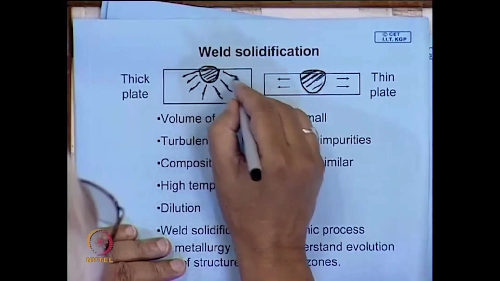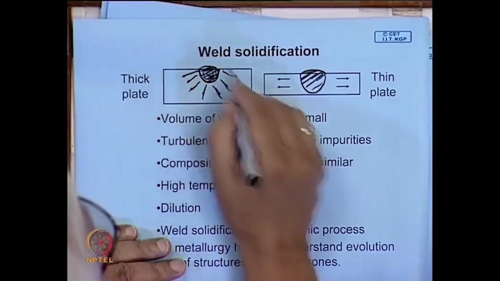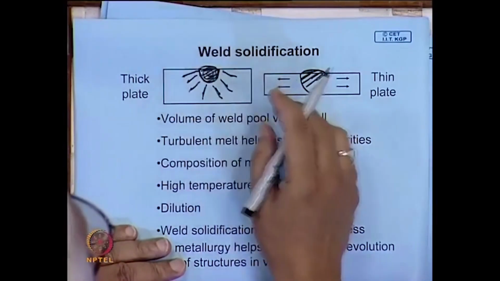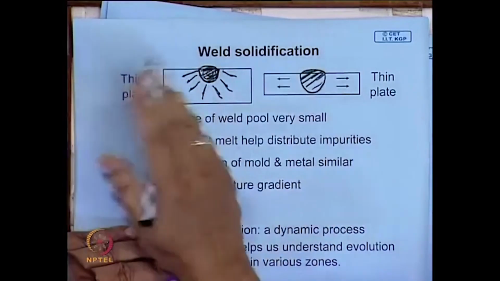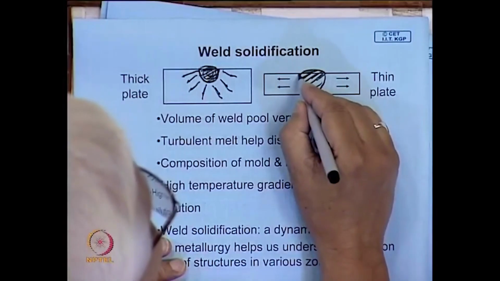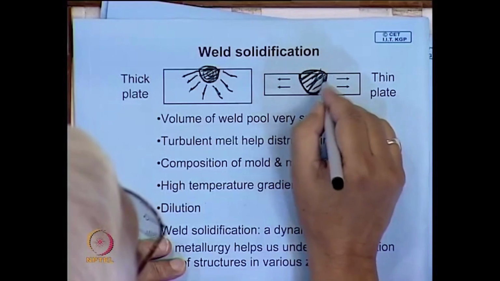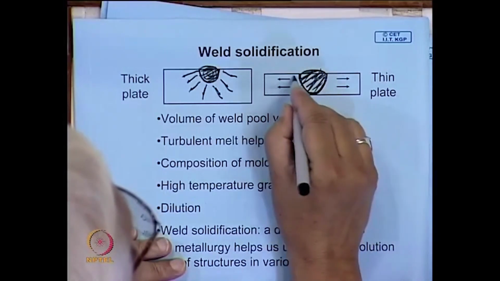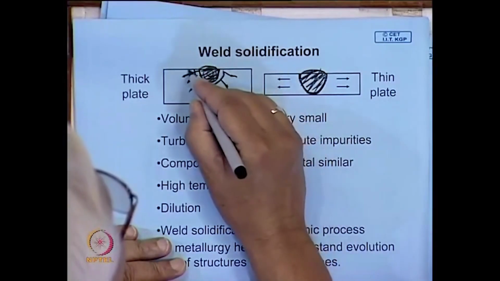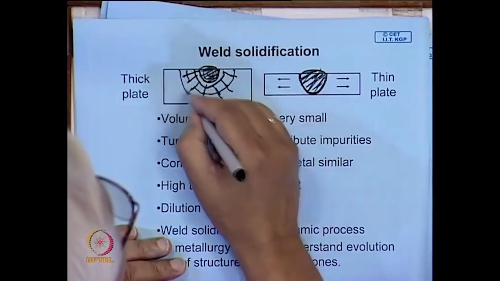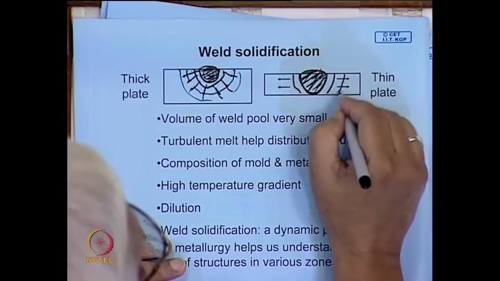We can visualize something like this. We approximate this as a point source with respect to the thickness of the plate, and heat is flowing in all possible directions in 3D. Whereas in this particular case, this is the thin fusion layer and this is the molten pool, and the heat is flowing in two directions. So here the temperature contours in this direction will look like this, and here the temperature contours will look like this.